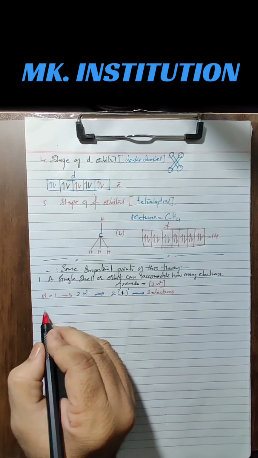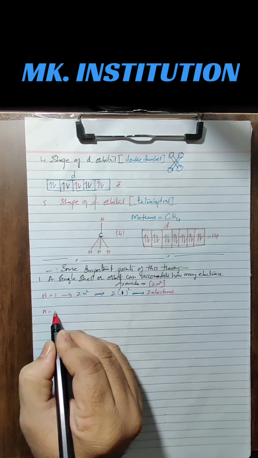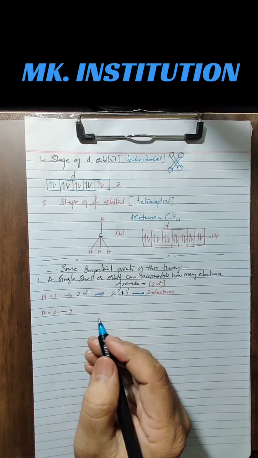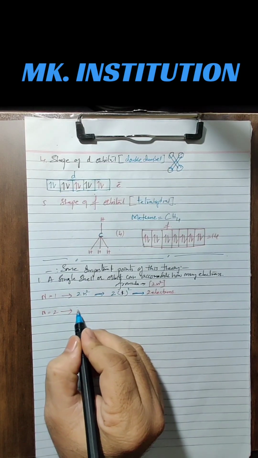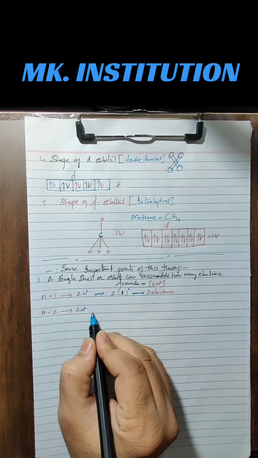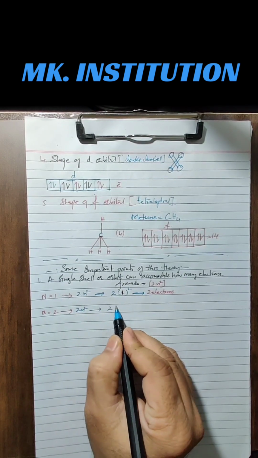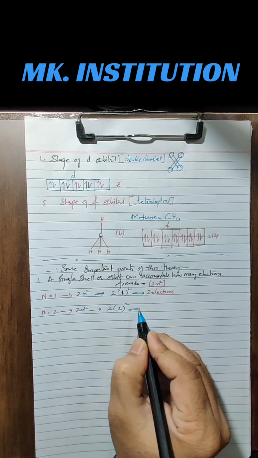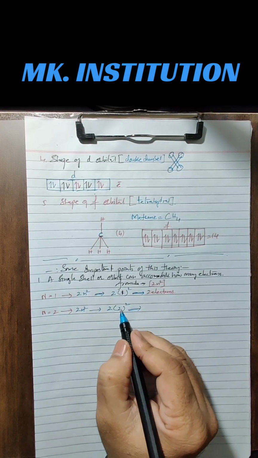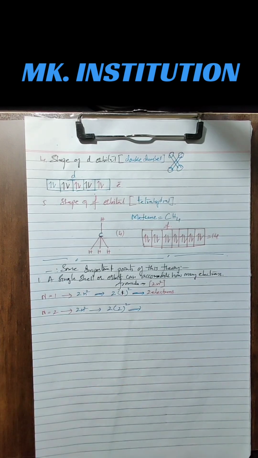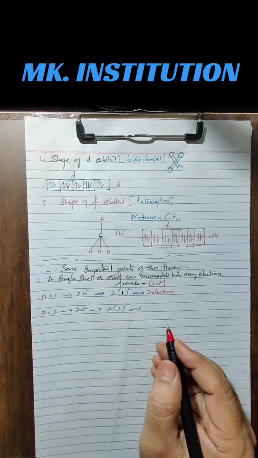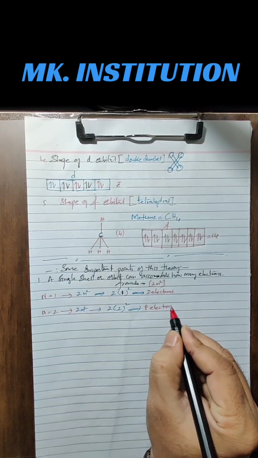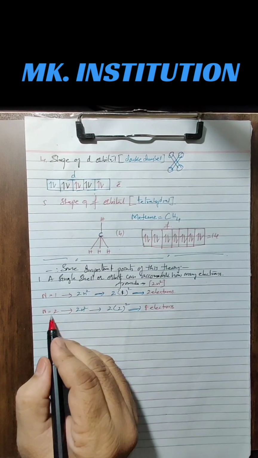Next, suppose the n value is 2. Same formula, 2n square. Now 2 into 2 square. 2 fours are 8. 8 electrons can be accommodated in the second orbit.